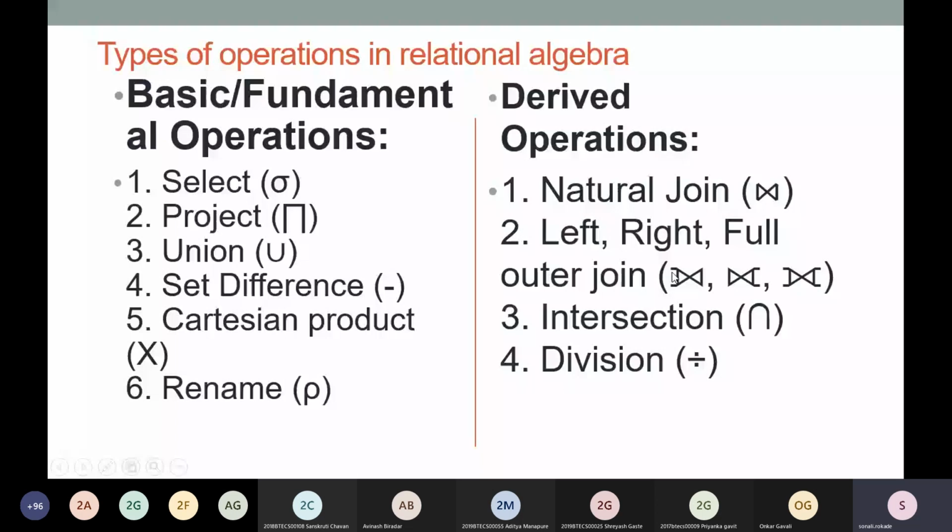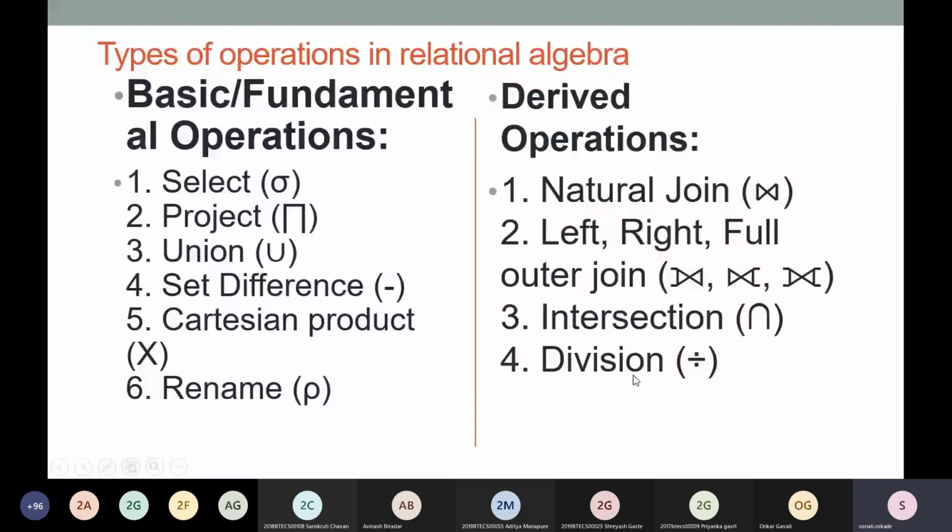If it is at the right side, it is right outer join. And when you draw these dashed lines on both sides, it creates a full outer join. Then intersection and division. So these are the operators.